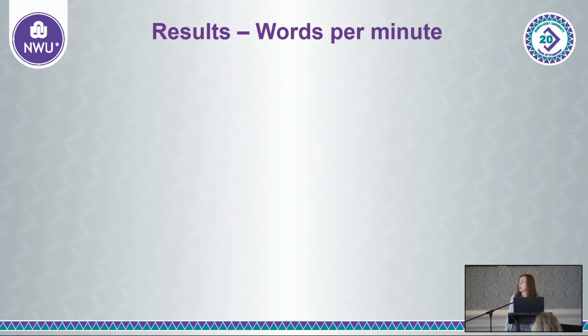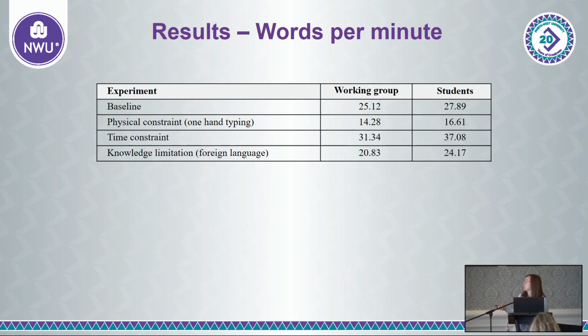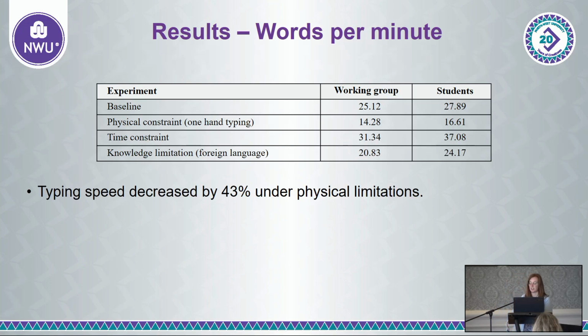If we move on, now we get into the results. The results were as you would expect. You can see the three different experiments compared to the baseline, grouped by the industry workers and the students. The results show clear deviations in the typing pattern under the stress conditions.